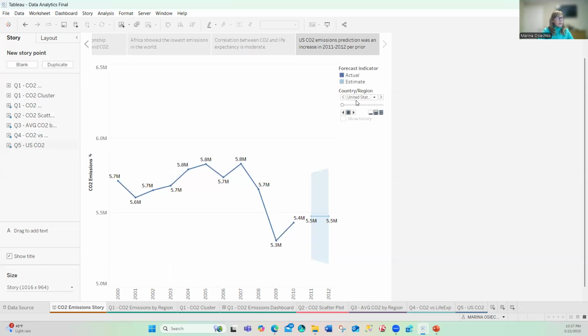And here is the flag that filters the United States out, and the trend goes as follows. In 2010, it shows 5.4 million of emissions, and future prediction is 5.5 million for 2011 and 2012. So this pretty much increases slightly from the prior year based on the previous trend.